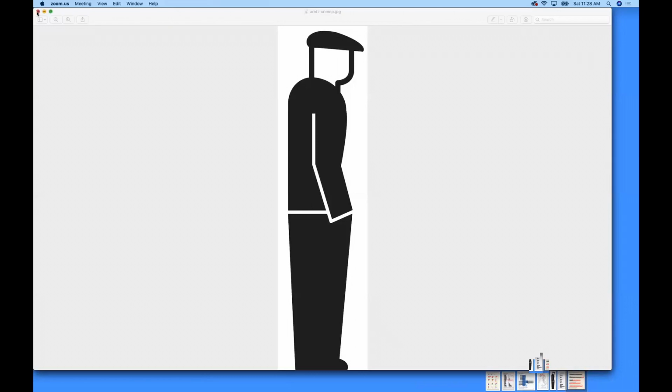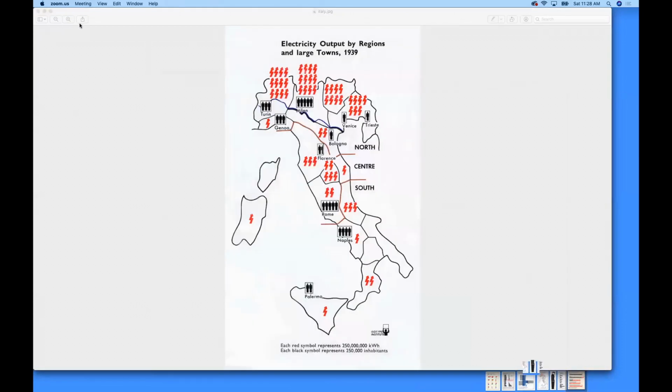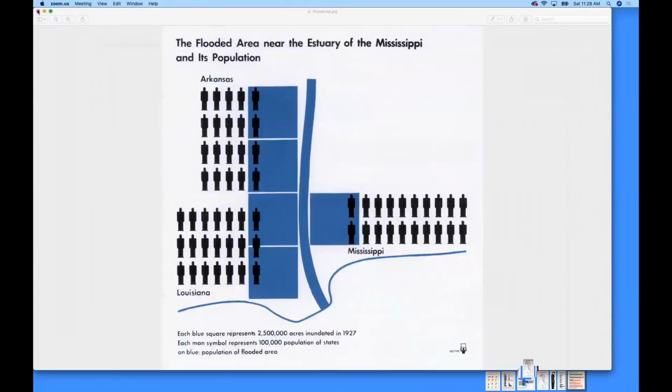As well as making charts, Neurath used the isotype system on maps, like this one from Fortune Future Books. It was published in 1946, but still looks fresh today to me. And this map of flooding and population on both sides of the Mississippi, also from Modern Man in the Making, shows how simple a map can be when the point is the data, not the exact geography.